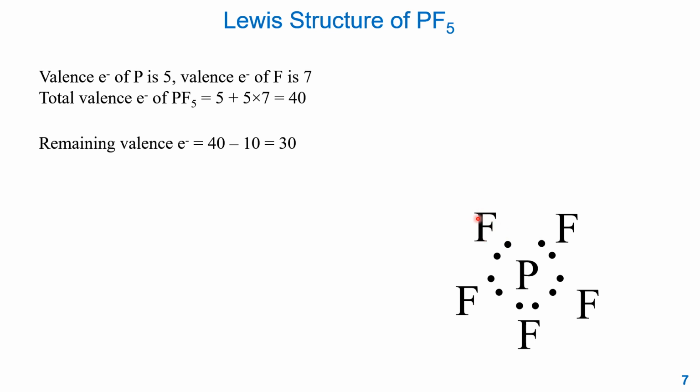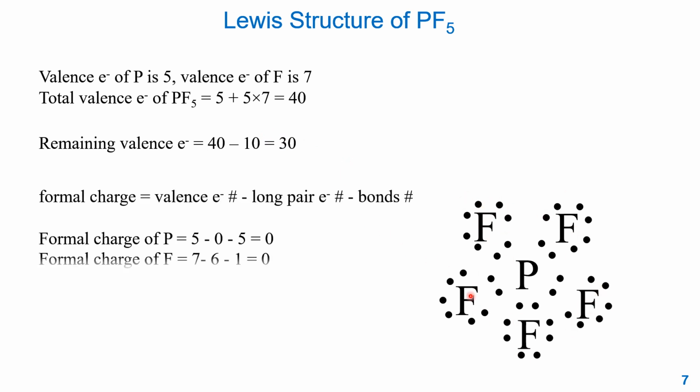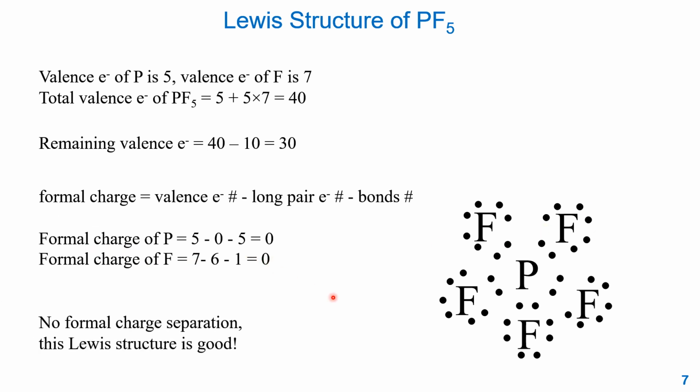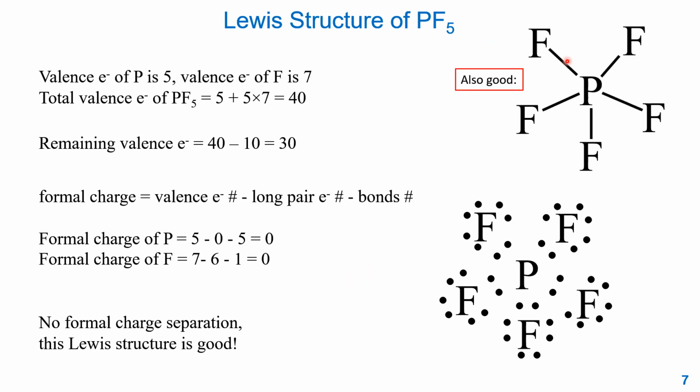Each fluorine needs 6 more, so 5 times 6 is 30, exactly using all 30 electrons. All the fluorine now have an octet. So perfect. The formal charge of the central atom is 0, and the formal charge of the fluorine is also 0, so there's no formal charge separation. Another good Lewis structure. Again, you can draw it this way, using a single line to represent a single bond.